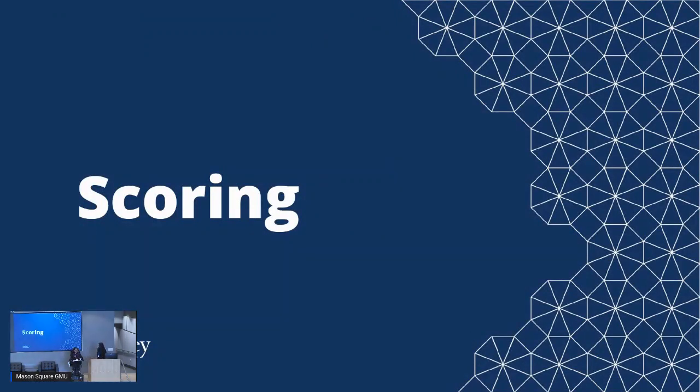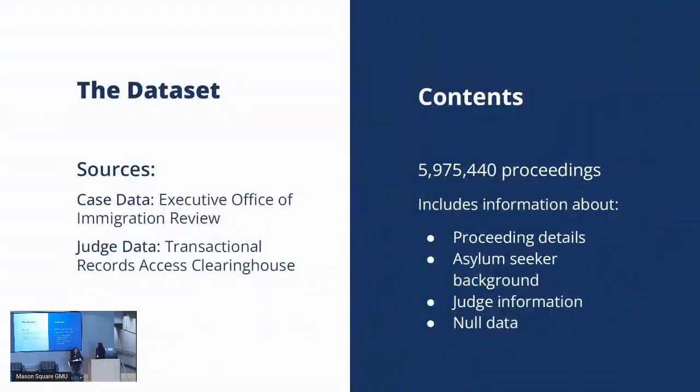So let's put a pin on that for just a second and talk about our data set. We gathered data from 2 sets of open source information made publicly available through Freedom of Information Act requests. First was case proceedings information from the Executive Office of Immigration Review.